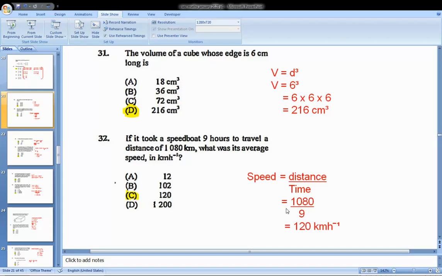Our distance is 1,080 and our time is 9 hours. So we simply substitute and divide, and our answer is 120 kilometers per hour. So C would be our answer. Let's move on to our next question.